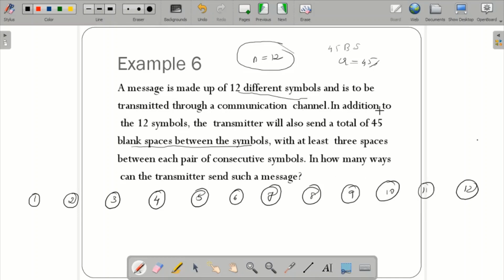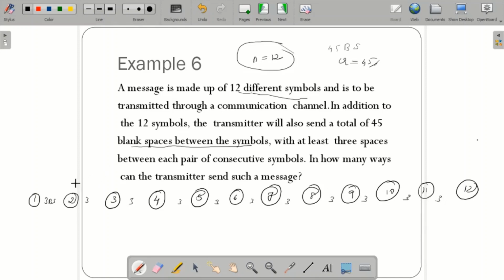Here are the 12 symbols. There should be a minimum of 3 blank spaces between each pair of consecutive symbols. So here 3 blank spaces, here 3, and here as well.